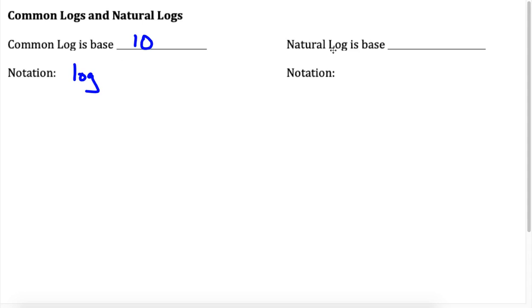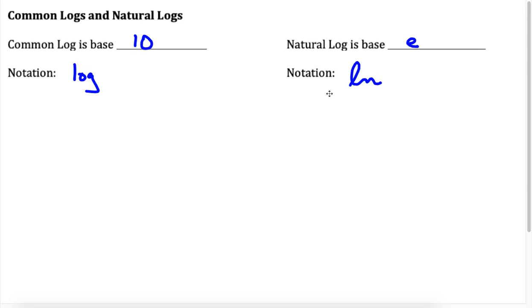Okay. Natural log is a log with a base of e. And we looked at the number e in the last section, right? 2.718281828459045, and it's an irrational number. Now, the notation for a natural log is ln.